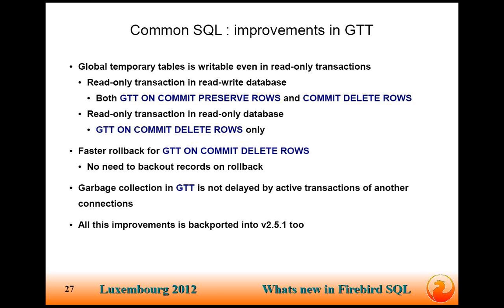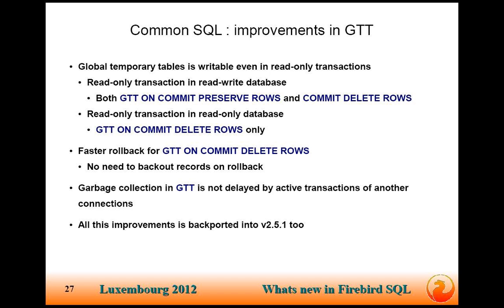Also, there were changes in the garbage collection algorithm for global temporary tables. Global temporary tables are isolated by the attachment at least, so they will not be affected by an active transaction in another connection. It makes no sense to delay garbage collection in a global temporary table if we have some old snapshot transaction which is stuck but is from another connection.